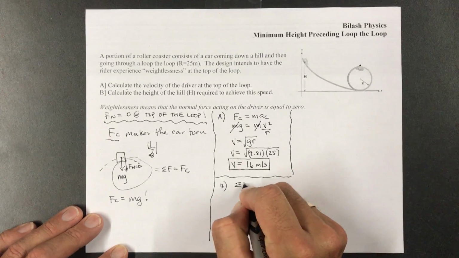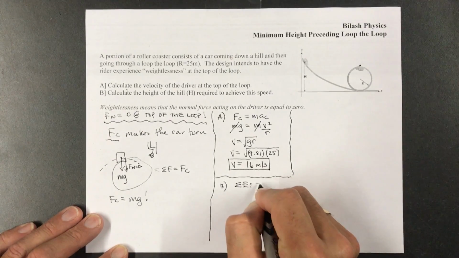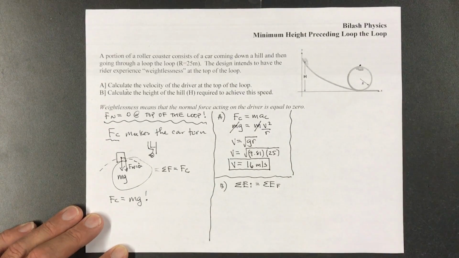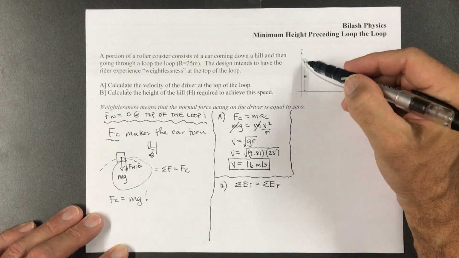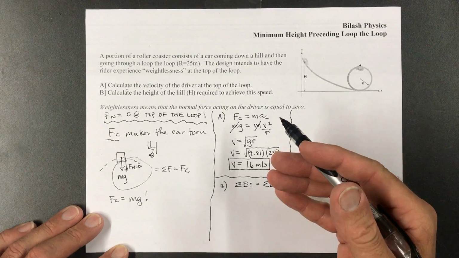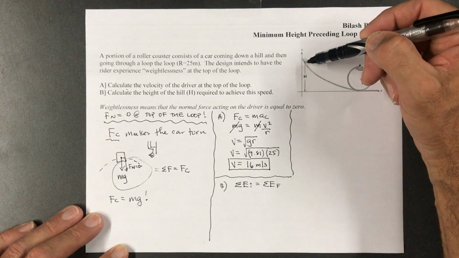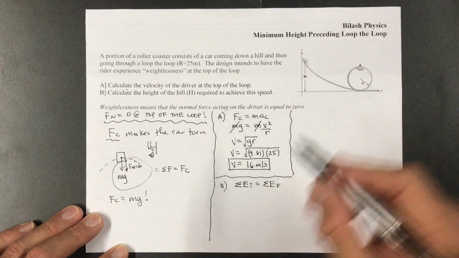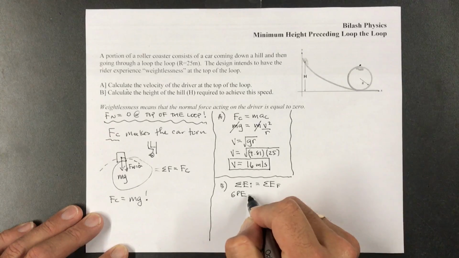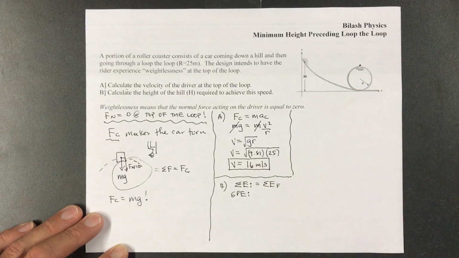So we know that the initial energy is equal to the final energy. So the initial energy at the top of the hill, since we don't know if it's moving or not, we're going to assume that it starts from rest at this point. So that means that we have GPE initially, and that's all the energy that we have.